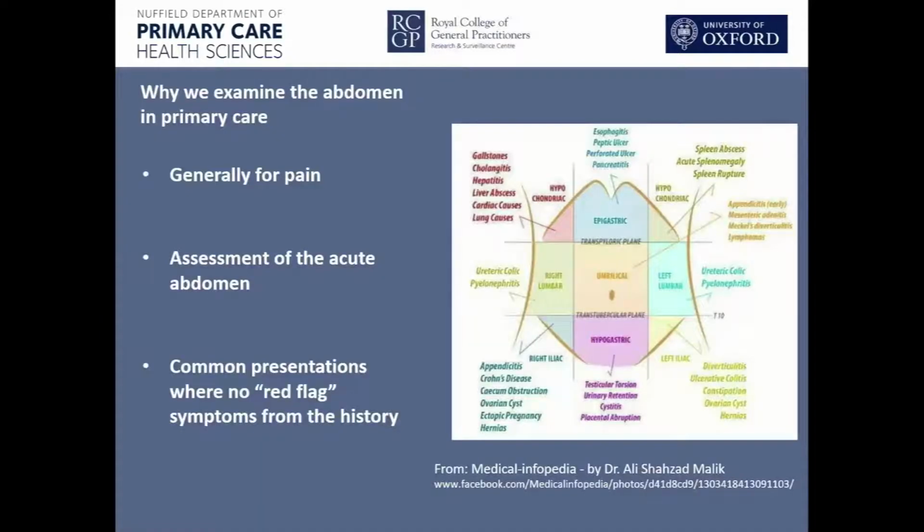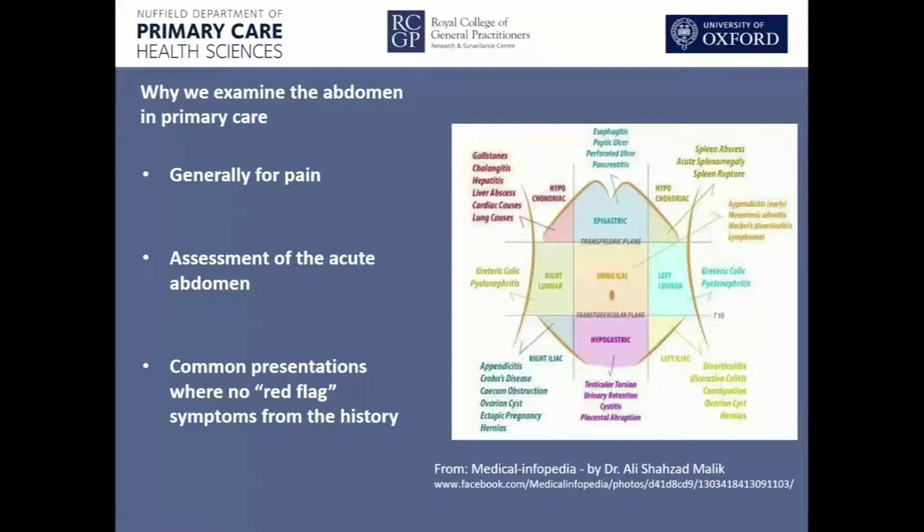I've really alluded to this already, but we're most often examining the abdomen because someone has pain, and often it might be someone whose pain doesn't cross the threshold, or there are other symptoms for being what we call red flag symptoms. That means that referral is essential anyway.